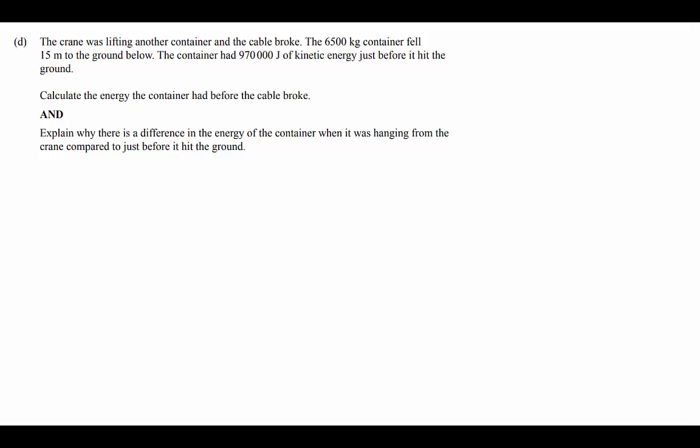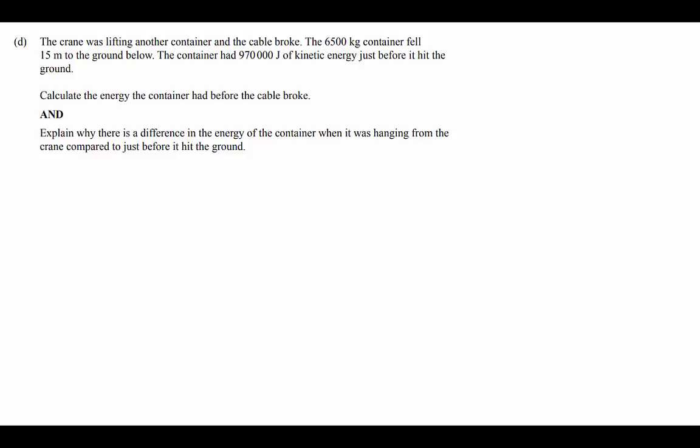Alright, final question. The crane was lifting another container and the cable broke. It was a 6,500 kilogram container and it fell 15 meters to the ground. The container had 970,000 joules of kinetic energy just before it hit the ground.